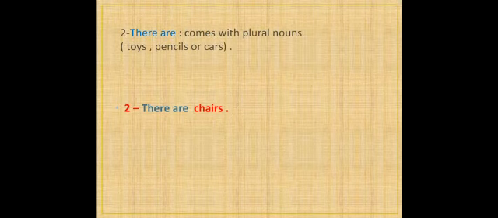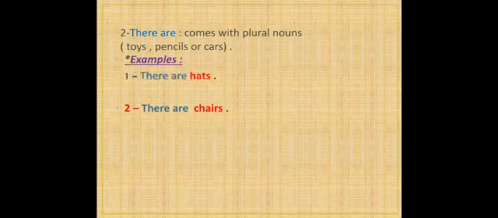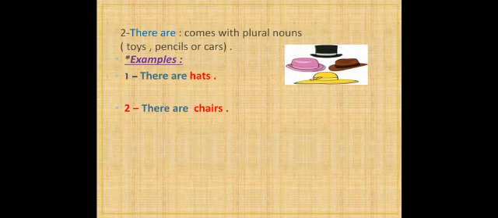There are comes with plural nouns, toys, pencils, or cars. Examples. Number 1, there are hats. Can you count how many hats are there in the picture?